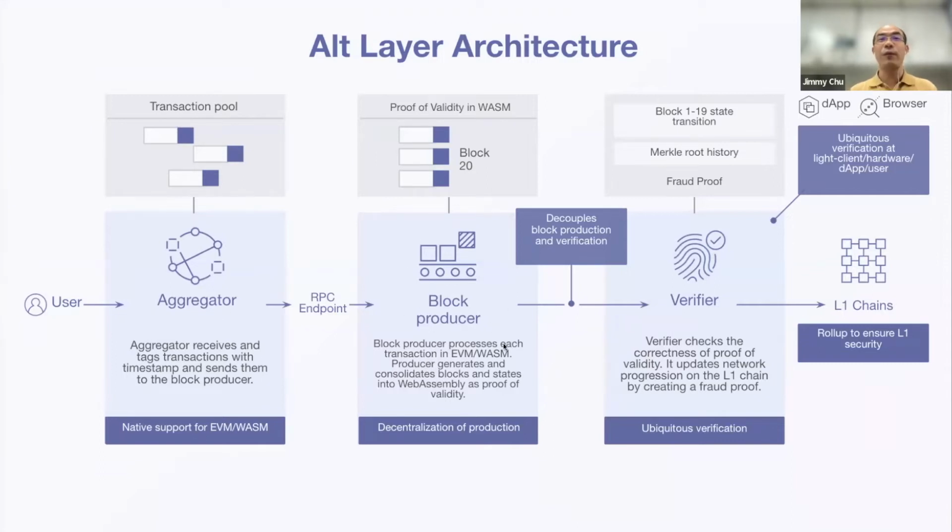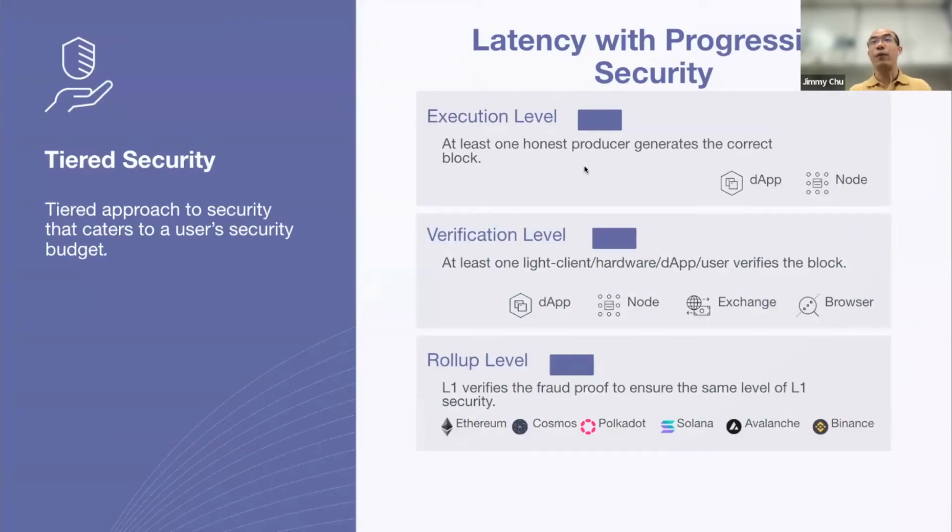This means that when the block producers have included transactions inside the blocks and generated the next state, that is one level of finality. So one honest block producer has generated the correct blocks.